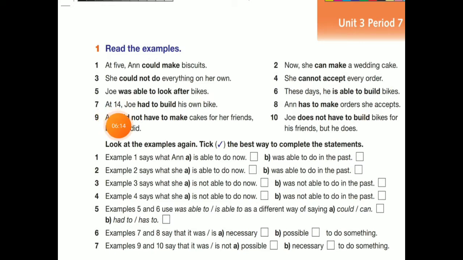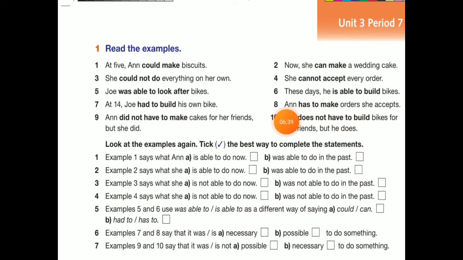Number 7, at 14, Joe had to, here was necessary in the past. Joe had to build his own bike. كان من الضروري لجو أن يبني دراجته الخاصة. Number 8, Anne has to make orders she accepts.